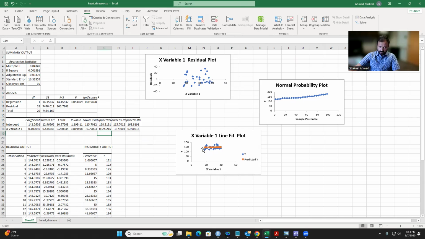There is no relationship between x and y. This is the fitted line, and these are the observed values of y versus different values of x. And this is a normal probability plot. This is again not showing a good normal behavior of the error term.